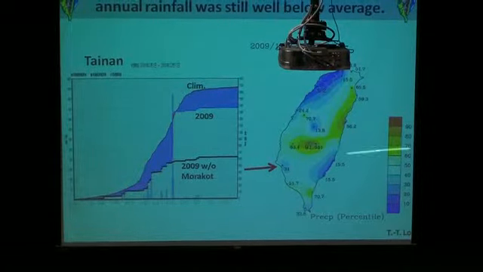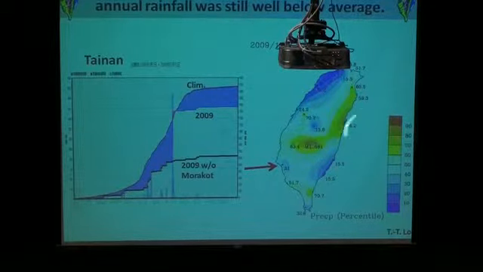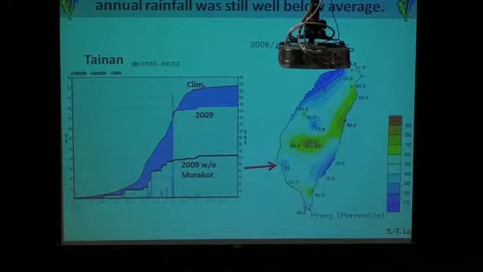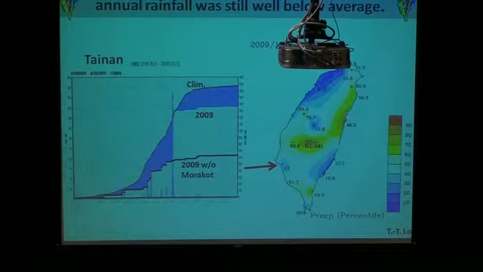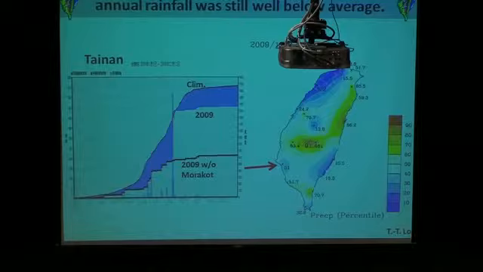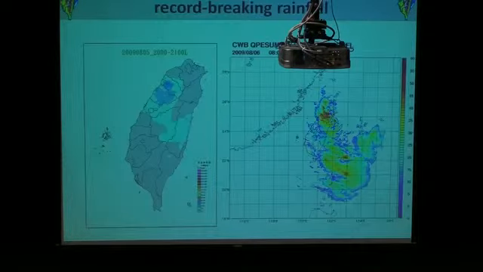So only those areas in the mountains and the eastern part of Taiwan saw above normal rainfall. So it's quite fair to say it was almost a drought for Taiwan in 2009. And we tend to forget that because of the Morakot event.